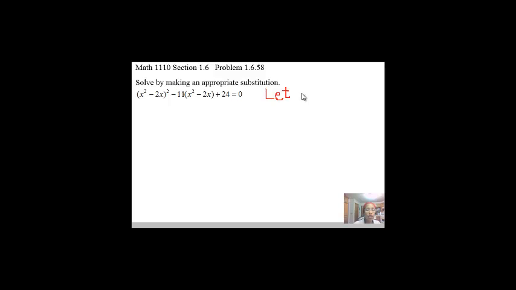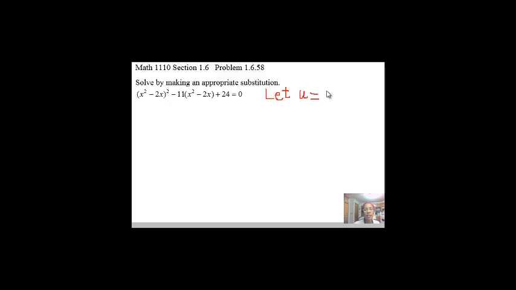So the equation has a variable of x, so I can use any letter but x as my letter of substitution. So I like to use the letter U. A lot of times the book will use a T. I don't like to use the letter T because it looks like a plus sign. So for that reason, you can use any letter though except for the letter X.